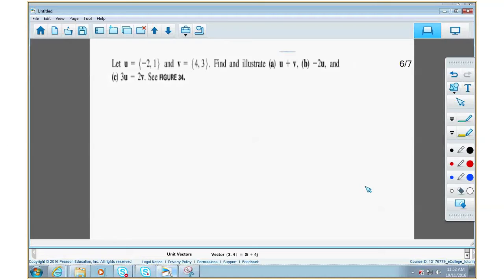Find and illustrate A, u plus v, and B, negative 2u, and C, 3 times u minus 2v. Okay, so work on that right quick. And don't make it difficult. It's not that difficult.